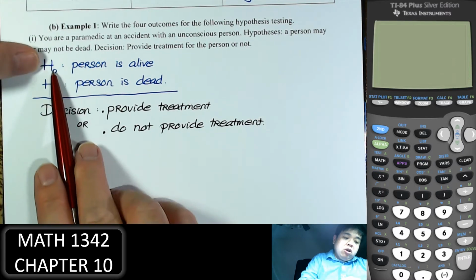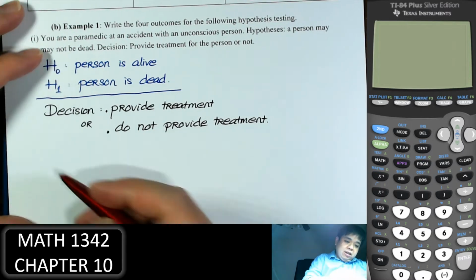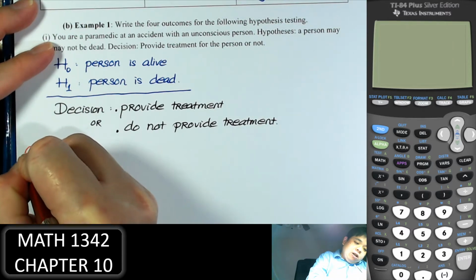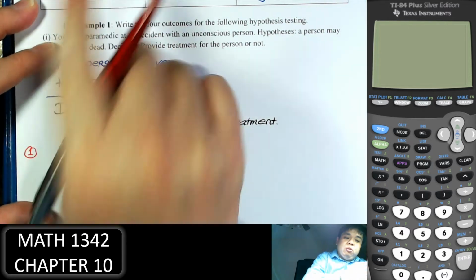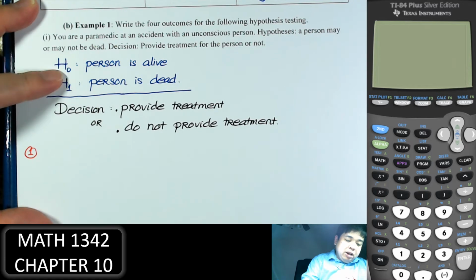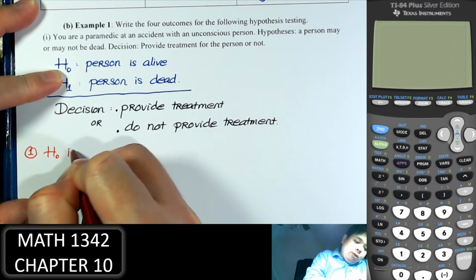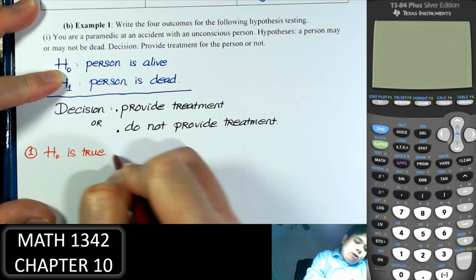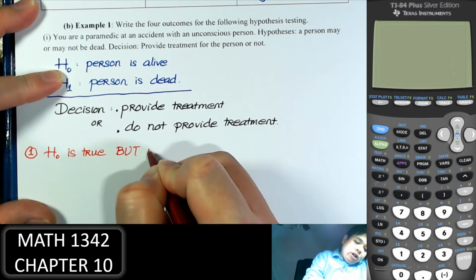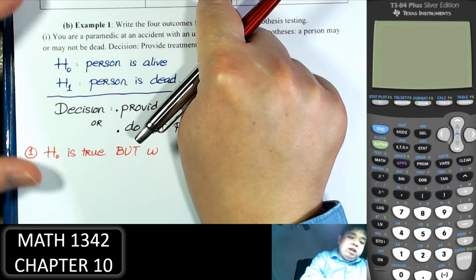So the null hypothesis is true, the person is alive. So for number 1, the null hypothesis is true, but we reject it. So that is type 1 error here.